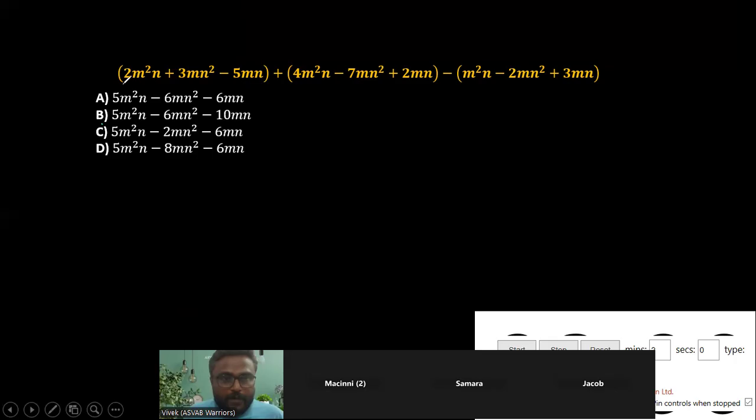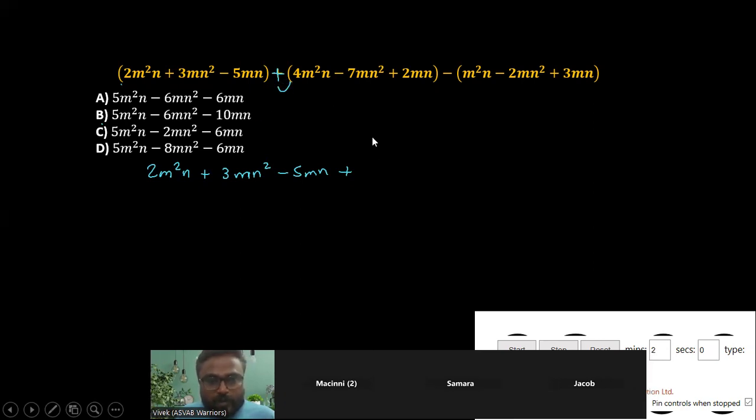So first, 2m square n plus 3m n square minus 5mn. Because there is a positive sign, I can directly open the parentheses because positive times positive will become positive only. Positive m square n minus 7mn square plus 2mn. Now here there is a negative sign.